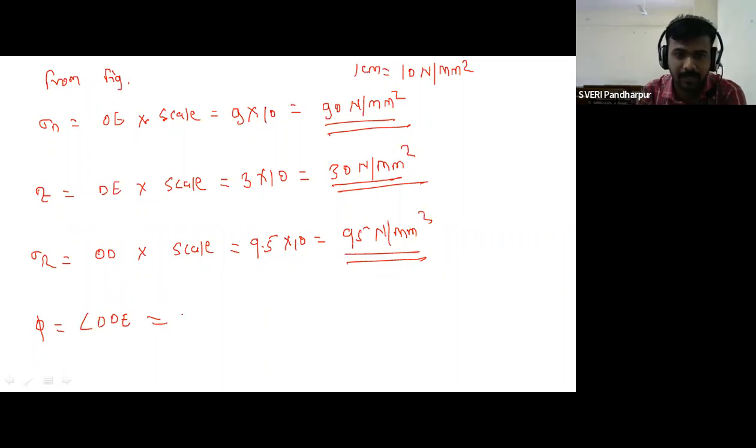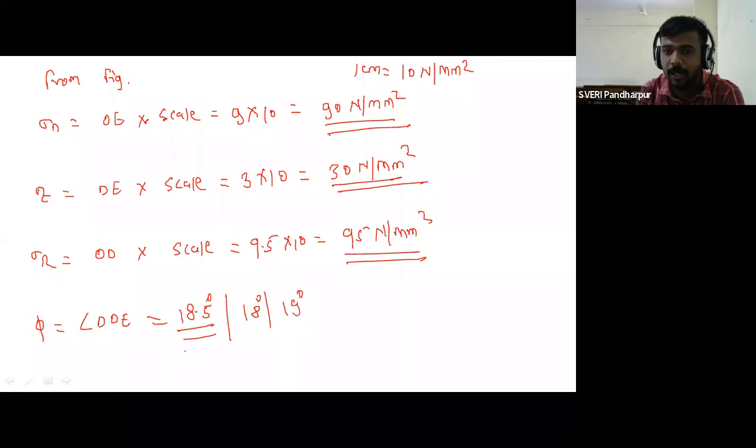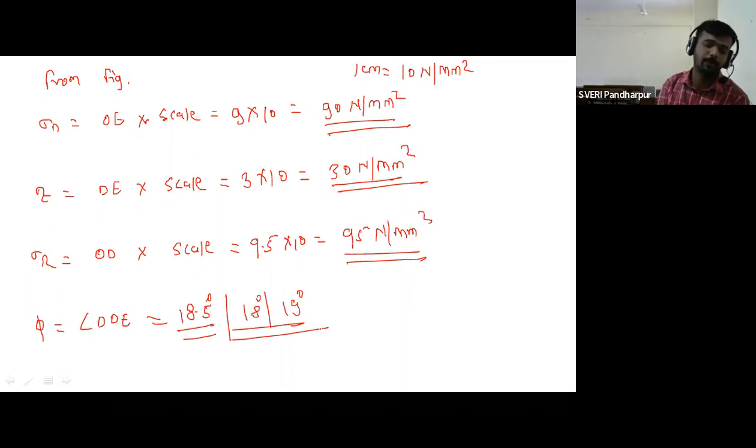So maybe some of you got the answer like 18.5 degree. Some of you got 18 degree, or some of you got 19 degree. So 18 or 18.5 or 19, it will be accepted because this is the graphical method.